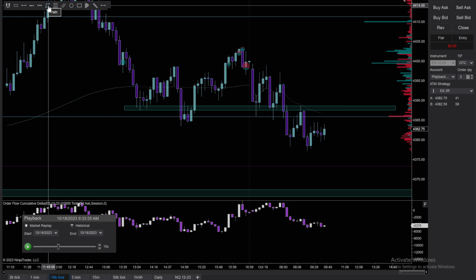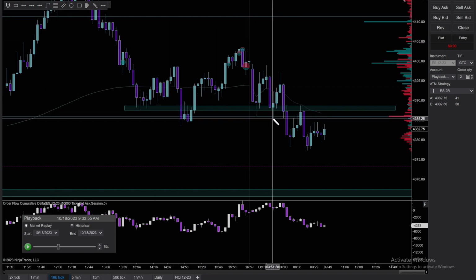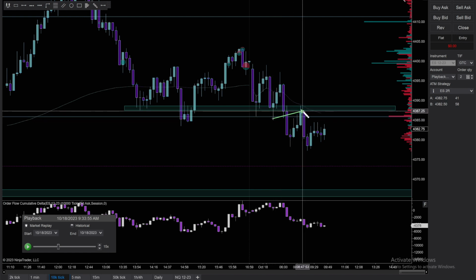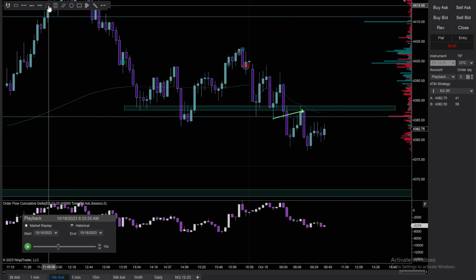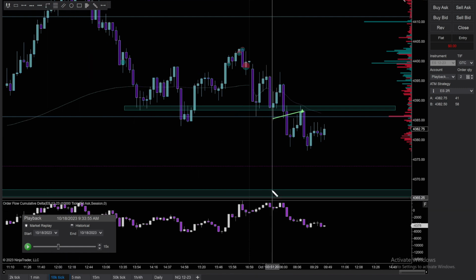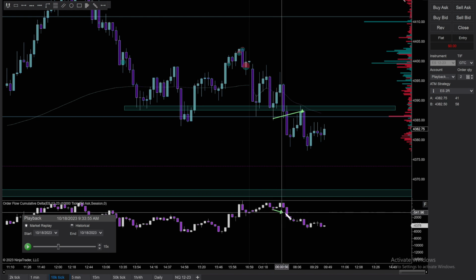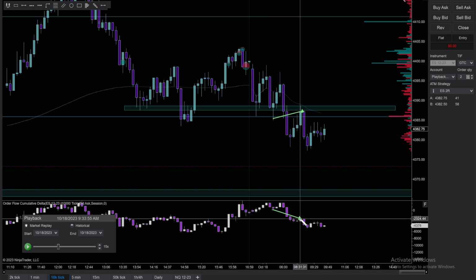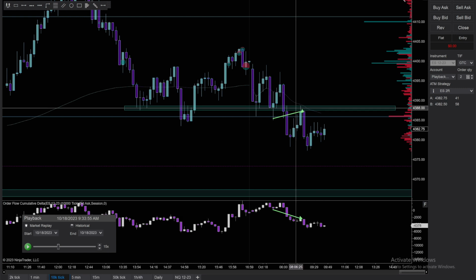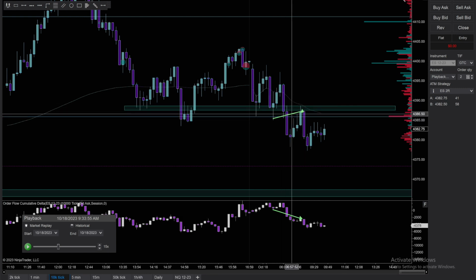So take a look at, for instance, this area right here, this wick. As we come up into this area right here, and if we look at that on the delta, this wick was here on delta, and on this last test, see how the delta has moved down significantly on this first retest, and price has moved up.